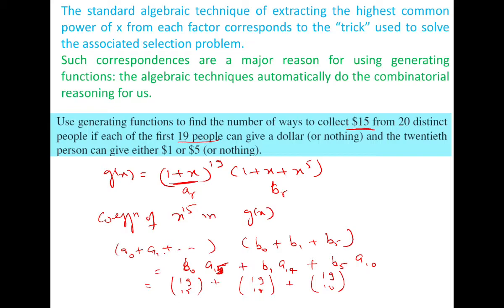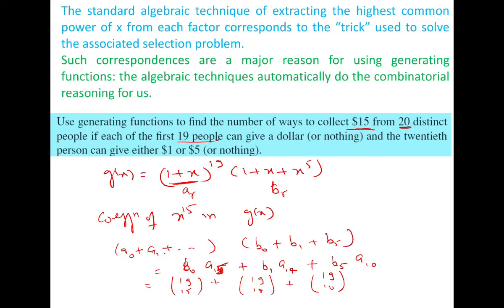Now again we can quickly discuss what it combinatorially represents. If we see the answer, can you give its combinatorial explanation? So there were 20 people, but you can see only 19 is visible here in all 3 brackets. We are choosing something from the 19 people.